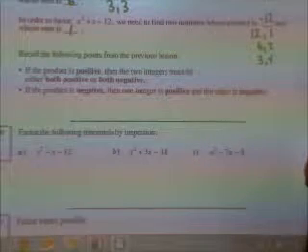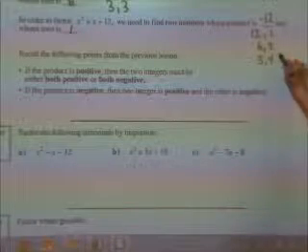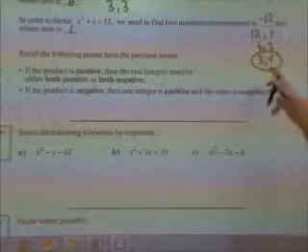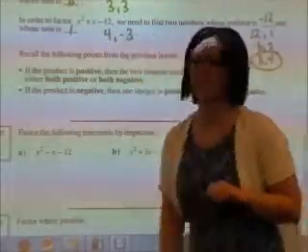The difference between 12 and 1 is 11. Between 6 and 2, 4. Between 3 and 4, 1. So the one that gives me the sum of 1 is the 3 and the 4. To make it a positive 1, make the 4 positive and the 3 negative.